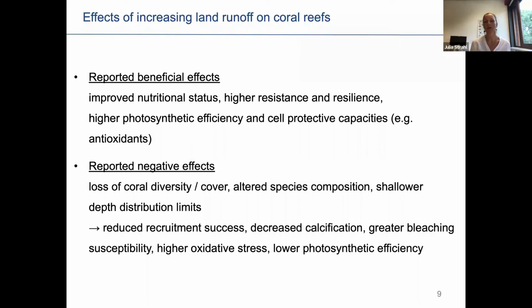On the other hand, we have a lot of reported negative effects, ranging from a loss of coral diversity and cover to altered species composition and shallower depth distribution limits due to the decrease in light availability for the corals. And these effects are mainly due to a reduced recruitment success, decreased calcification, greater bleaching susceptibility, higher oxidative stress, and lower photosynthetic efficiency.